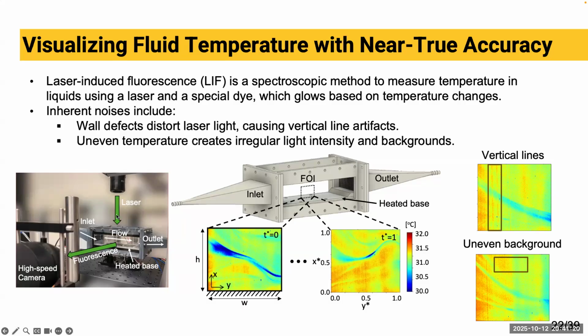Then the laser incident in your flow system can be deflected or distorted, and because of this, you'll see vertical line artifacts. Also, the laser may not be perfect. It can create a non-uniform intensity distribution in your area of measurement, which creates uneven background color that is not the true temperature distribution.